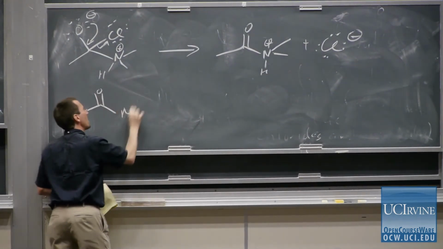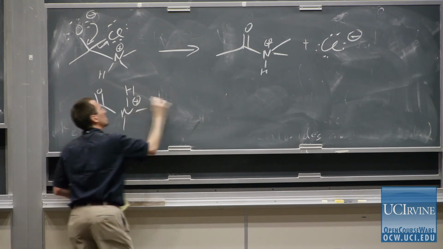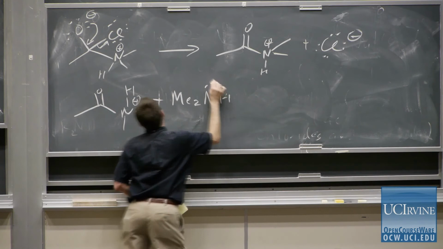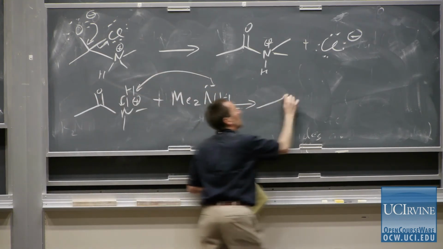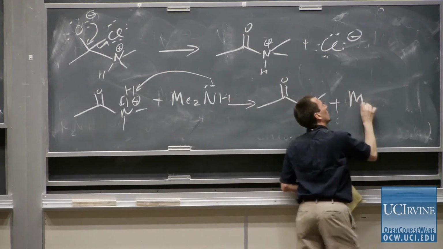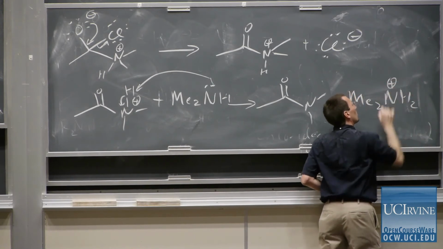And we have dimethylamine present. And so our dimethylamine is the strongest base in the house. Dimethylamine is going to pull off that proton to give you your dimethylacetamide plus dimethylammonium chloride.